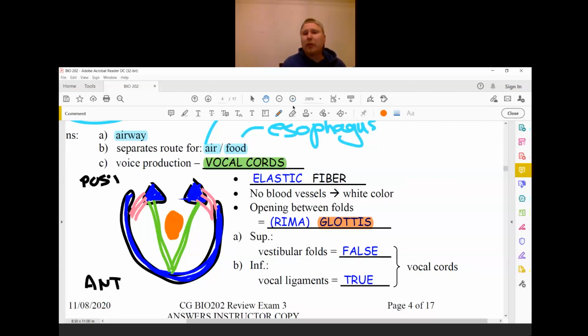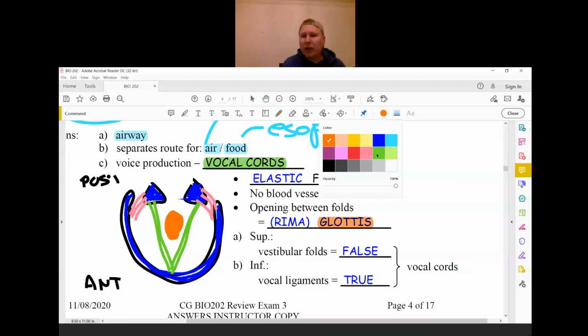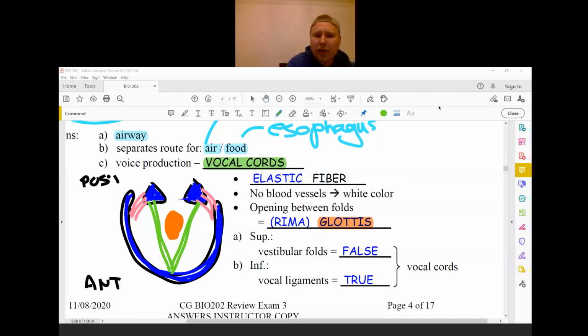Vestibular folds are often referred to as the false vocal cords, and that's because they don't take part in voice production, whereas the inferior pair, known as vocal ligaments, are the true vocal cords. They are the ones that play the major role in the production of our voice.